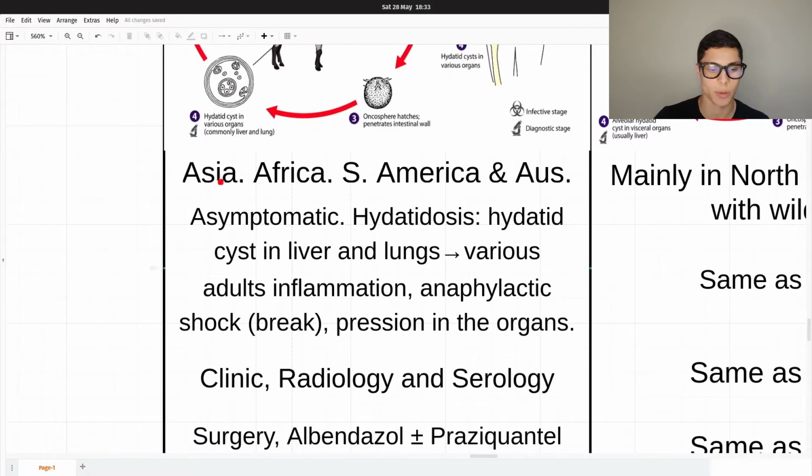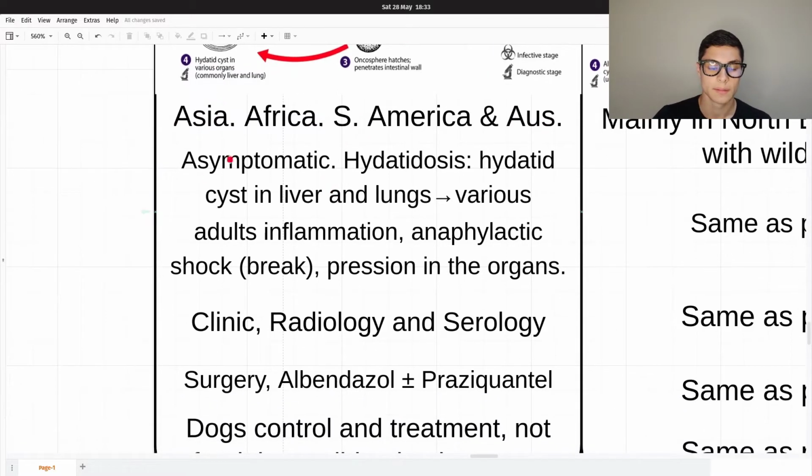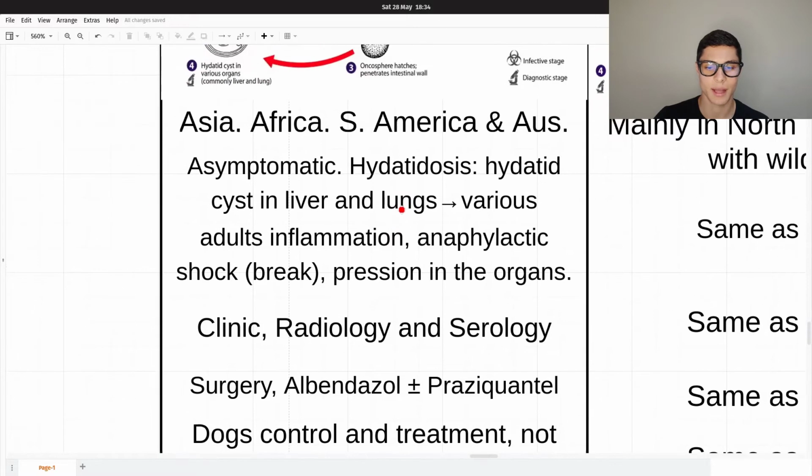So, epidemiology, we have it in Asia, Africa, South America and Australia mainly. For the majority of times it is asymptomatic, but when it's not, it makes us feel very bad because it causes hydatidosis. And what does that?